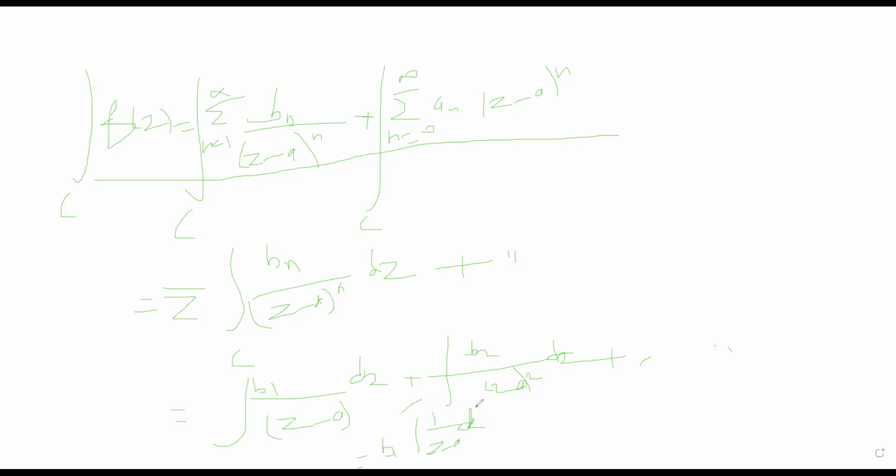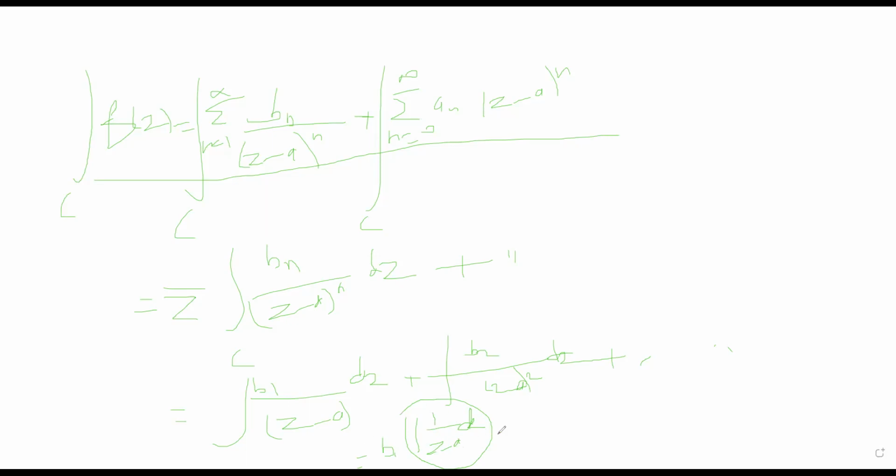Here we are going to apply Cauchy's integral formula because the point a is a singular point, which means analyticity fails there, and it lies inside the given curve. I'm only focusing on this one because in the residue definition, we only need to consider the coefficient of 1 by z minus a. The remaining terms we don't need to consider.